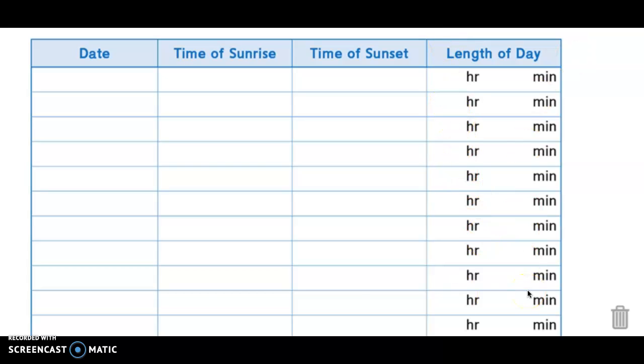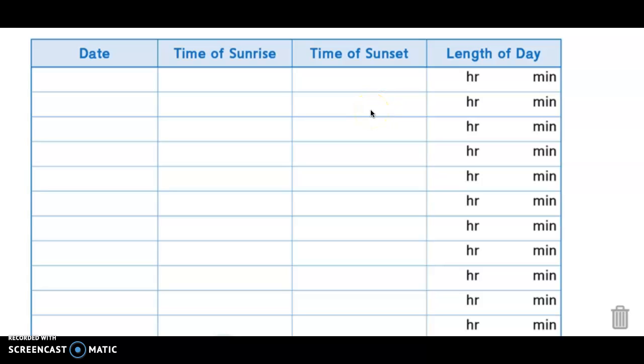Every single week, one time a week, we are going to measure the time of sunrise and the time of sunset. This is called elapsed time, or the length of day. Scientists actually study this. They figure out when the sun rises, when the sun comes up in the morning, and when it sets and it gets really dark out. That is called our length of day.